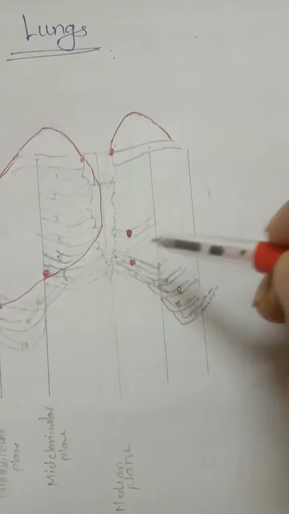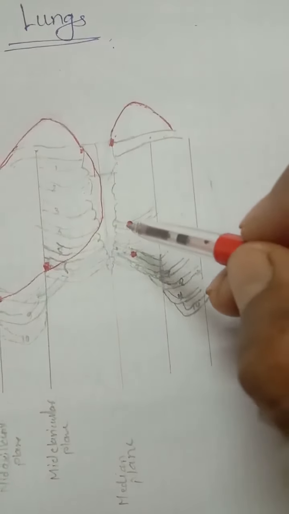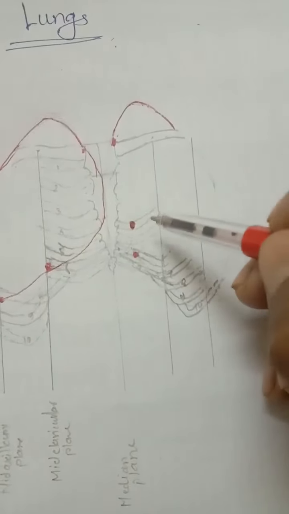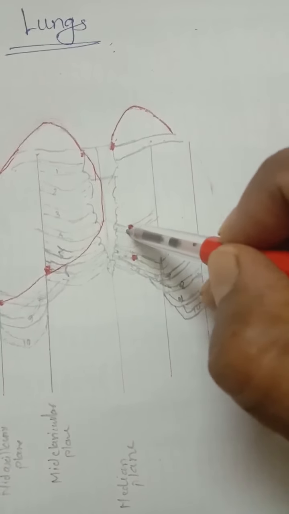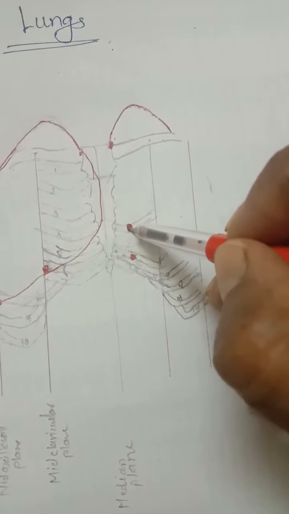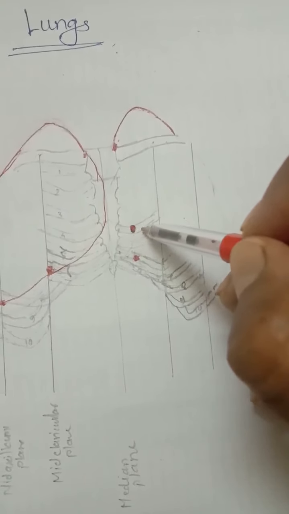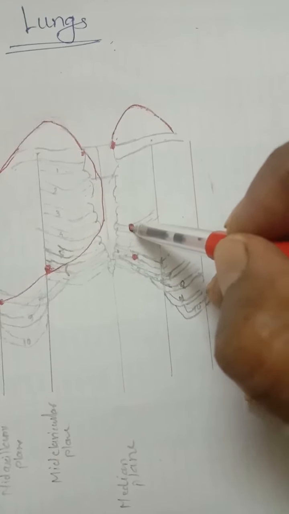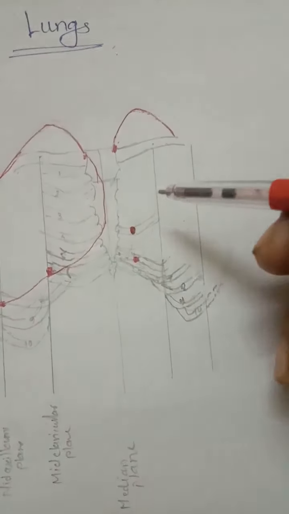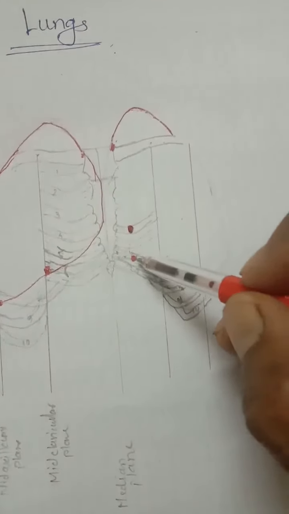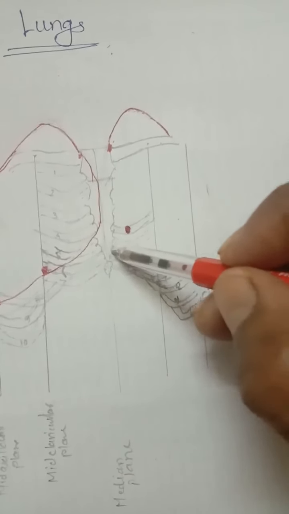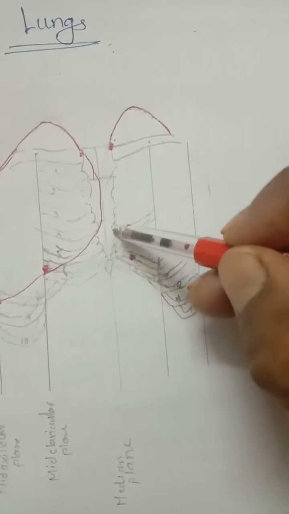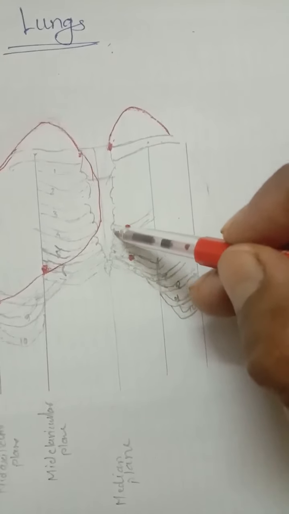Then take a point at the 4th costochondral junction. So here is the 4th rib, and here is the costal cartilage. The junction between the costal cartilage and the 4th rib is called the costochondral junction. Then take a point on the left 6th rib, 2.5 centimeters from the left sternal margin.